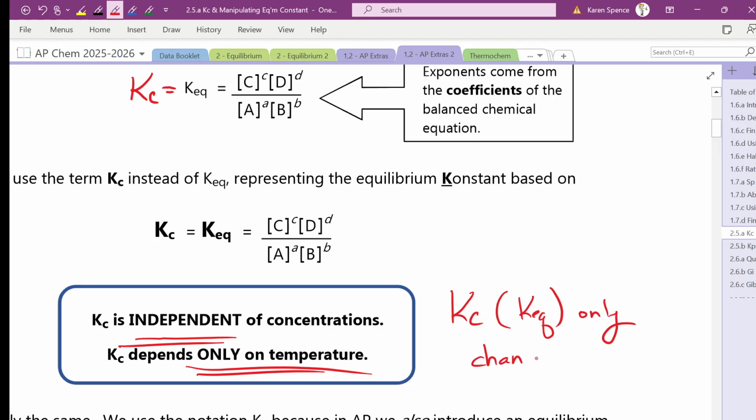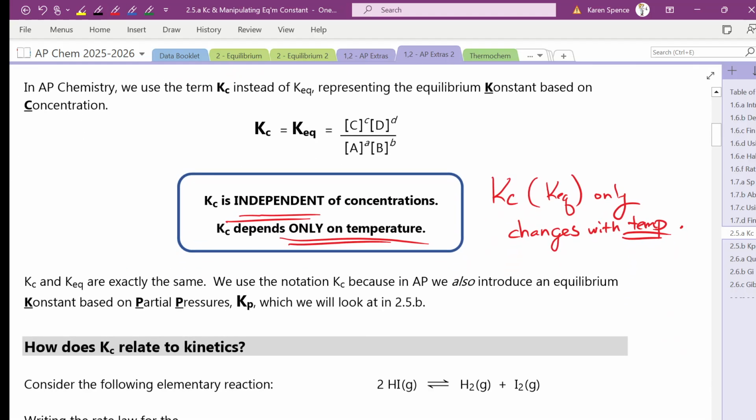Nothing new. We already knew that. So in AP, we will have partial pressures, which we will use Kp for.